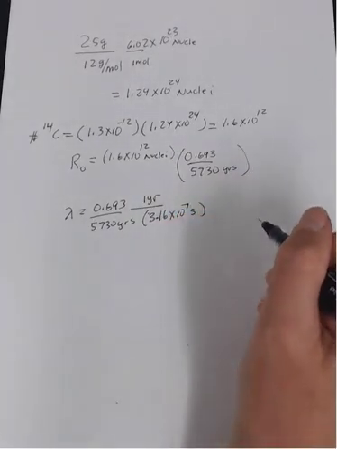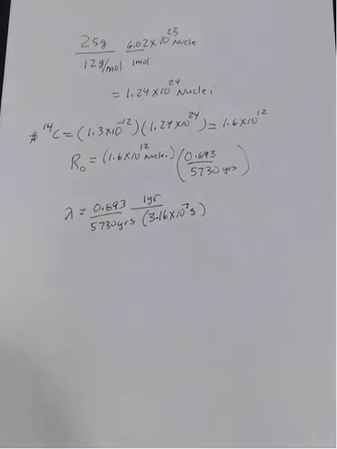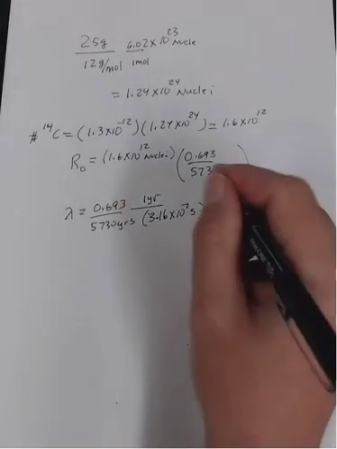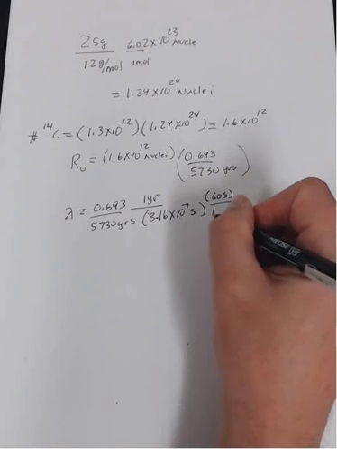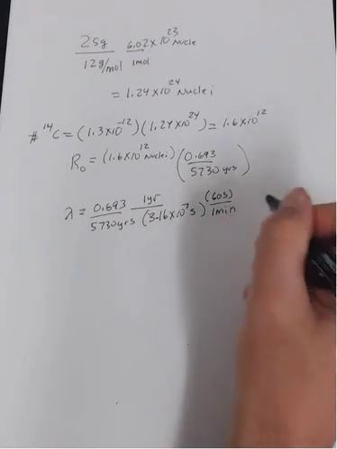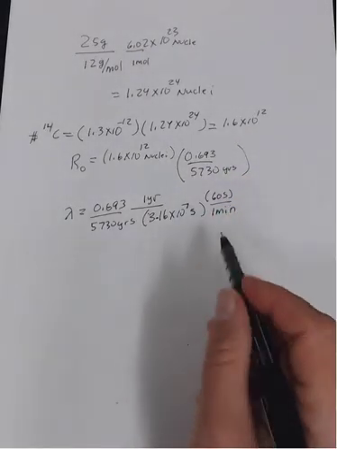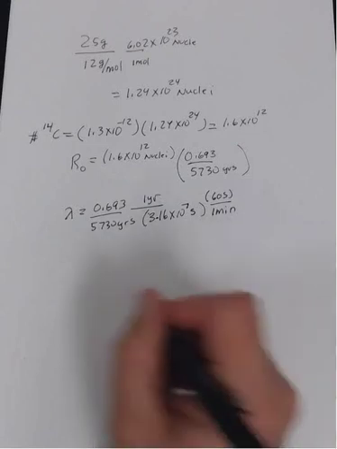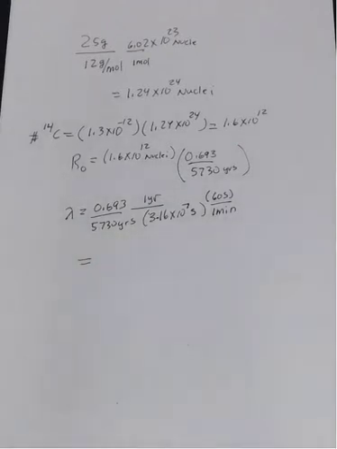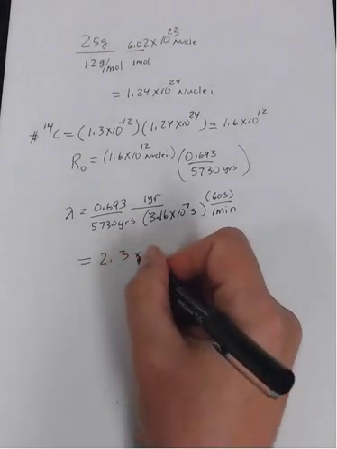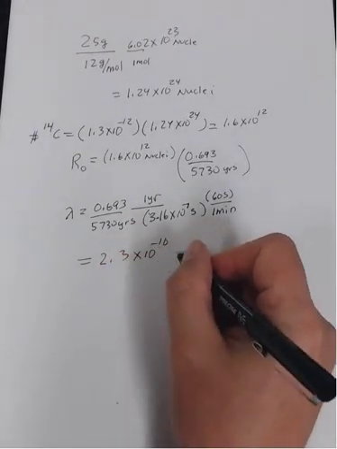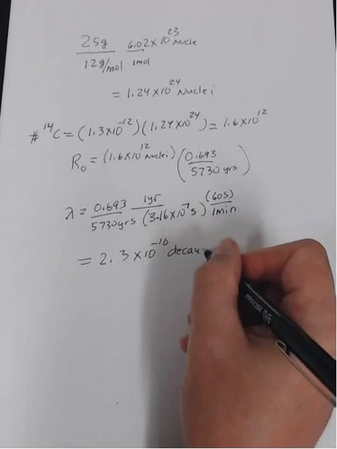And what I want is the decays per minute. So 60 seconds is a minute. So this will give us the number of decays per minute. And that's equal to, it appears, 2.3 times 10 to the negative 10 decays per minute.